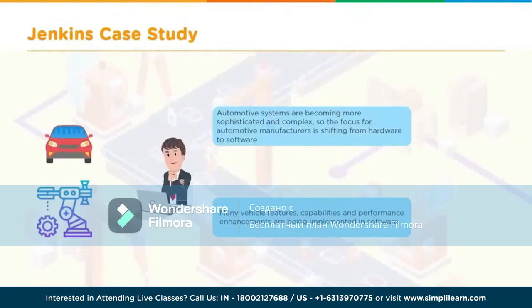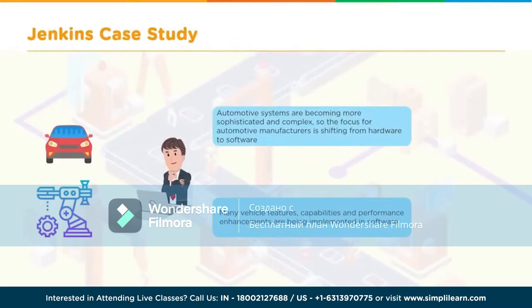Over the last 10 or 15 years, there has been a significant shift within the automotive industry where manufacturers have shifted from creating complex hardware to actually creating software. We've seen that with companies such as Tesla, where they are creating software to manage their cars. We see the same thing with companies such as General Motors with their OnStar program.